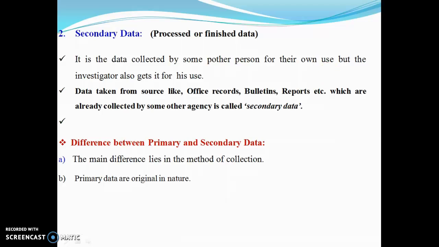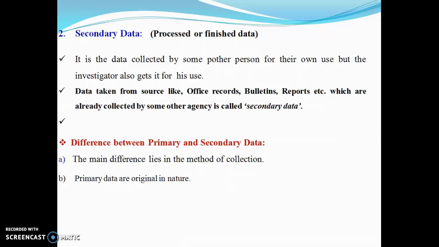Okay, then what is the difference between primary data and secondary data? The main difference lies in the method of collection. Primary data are original in nature, hence those are more accurate than secondary data. Collection of primary data is expensive as well as time consuming.